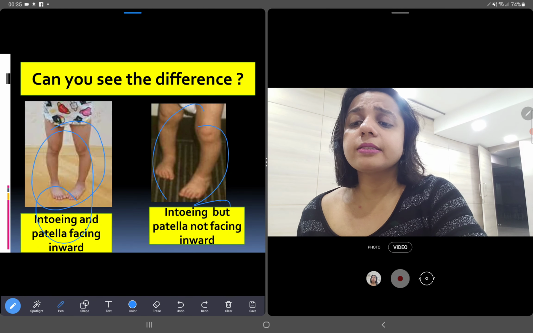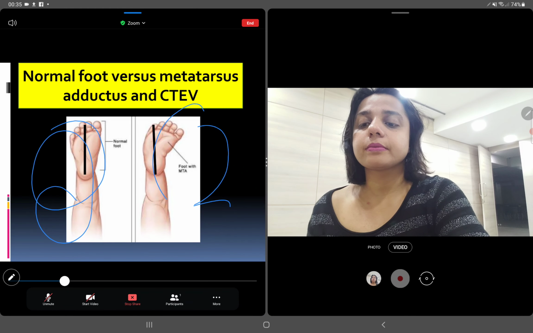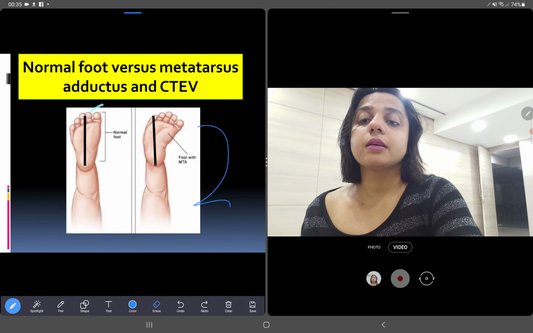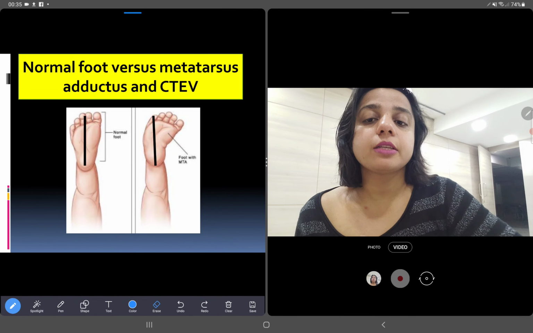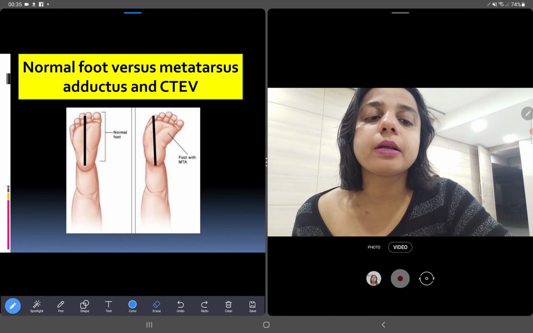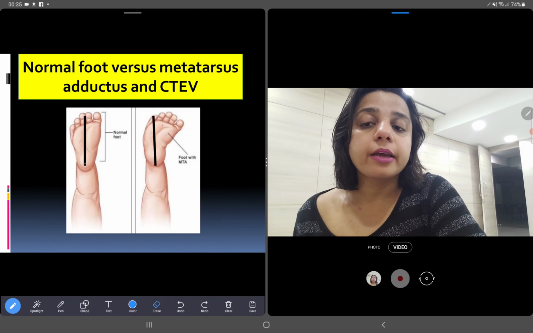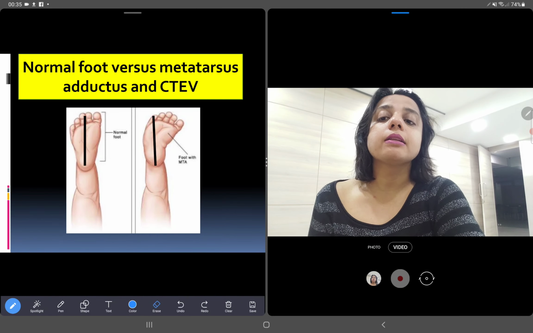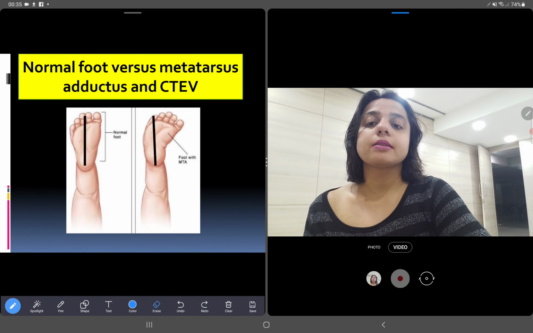Now, in the next slide, you can see normal foot versus metatarsus adductus and CTEV. How will you detect whether the foot is normal or not? We draw a line from the center of the heel. It points towards the second or third metatarsal.